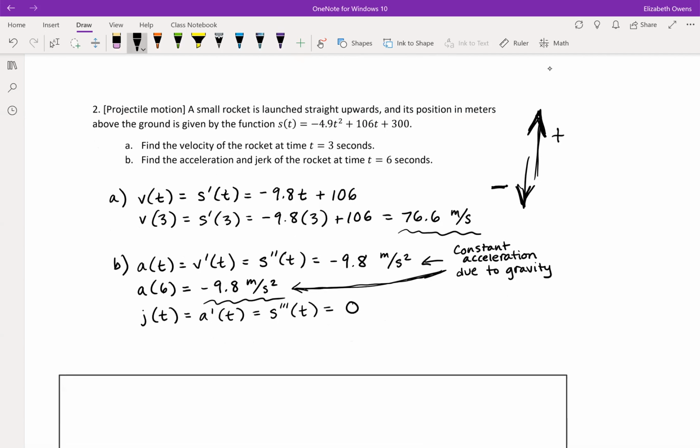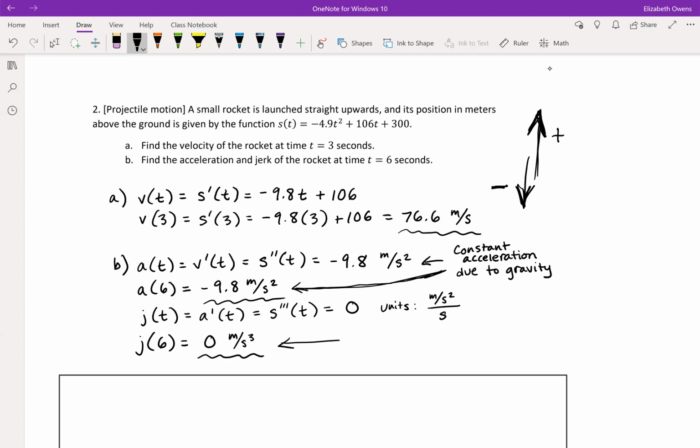Again, we've ended up with a constant function, so even when we plug in time t equals 6 seconds, that's going to be 0. For the units, remember that it is changing acceleration over time, so meters per second squared per second, which is meters per second cubed.